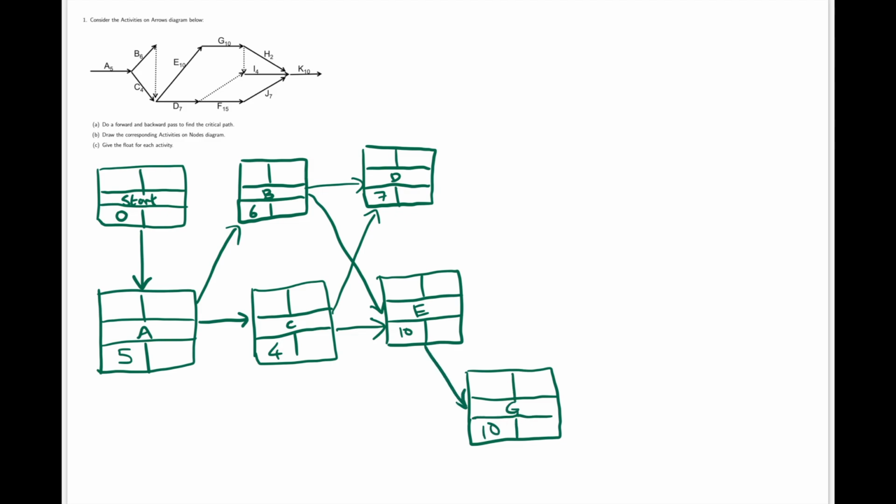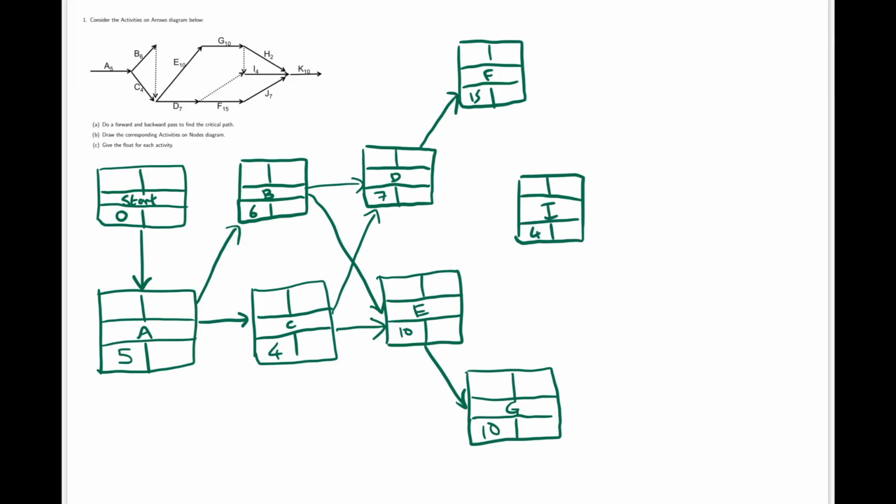F only has D as a prerequisite. I has both D and G as a prerequisite. H has G as a prerequisite.